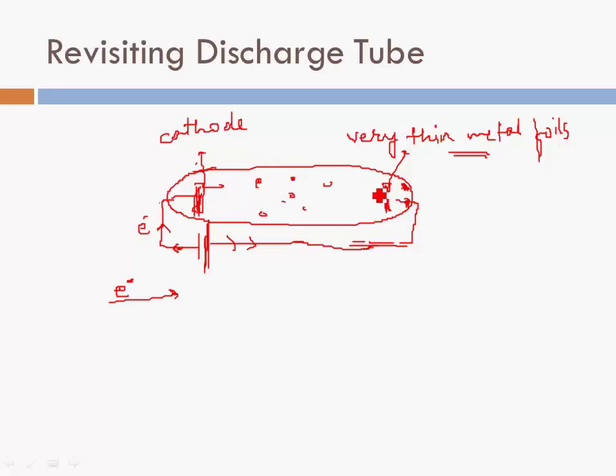The other and more important source of electrons is the gas inside the discharge tube. Let's say I have taken air in this tube. Even the air that you are breathing always has some ionized particles, that is cations and anions, as you might know from your class 9 studies.